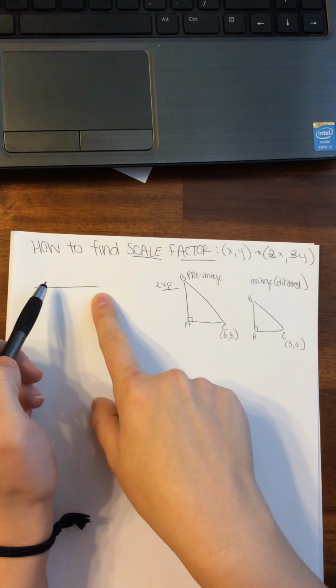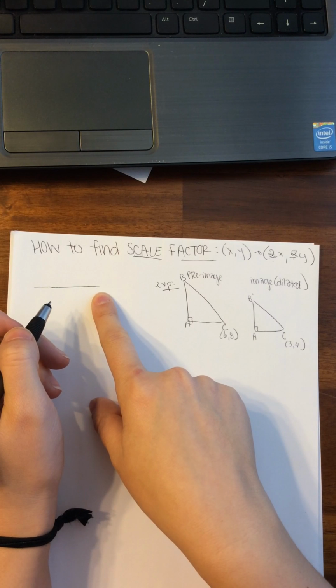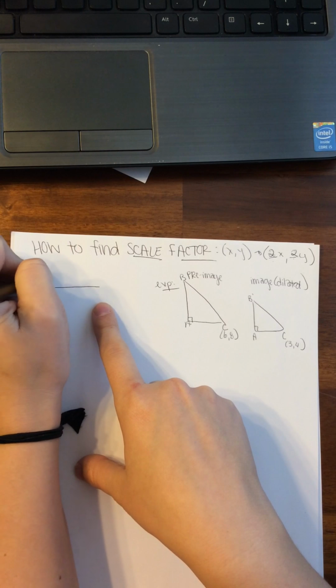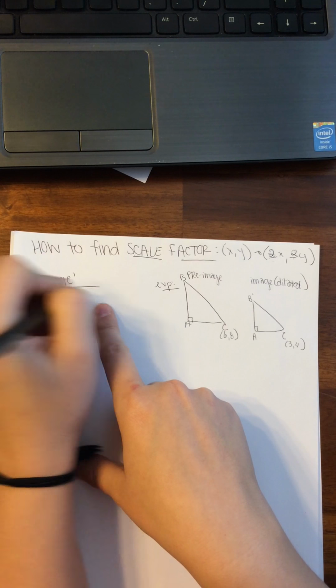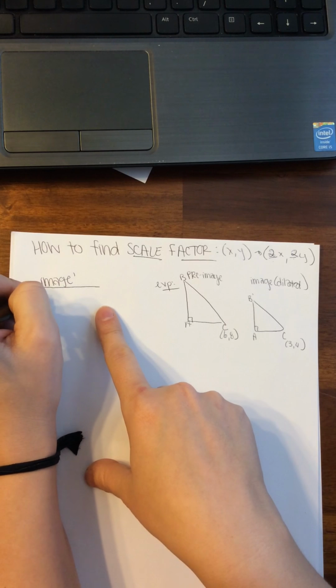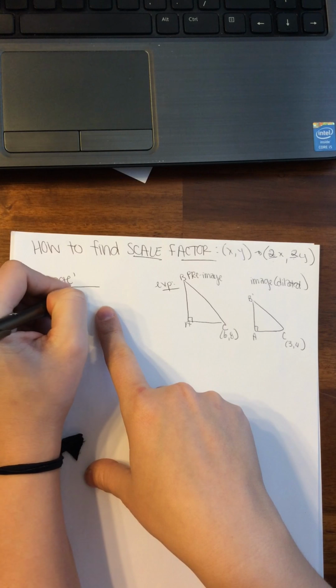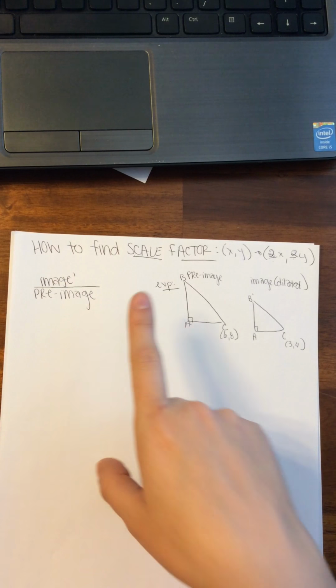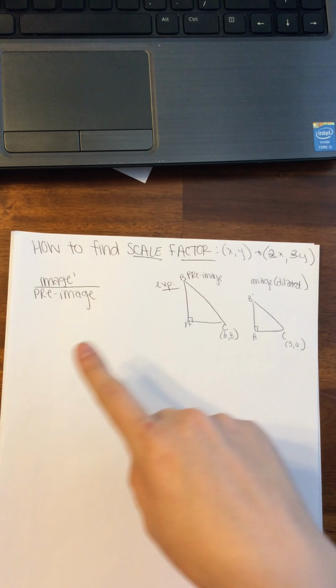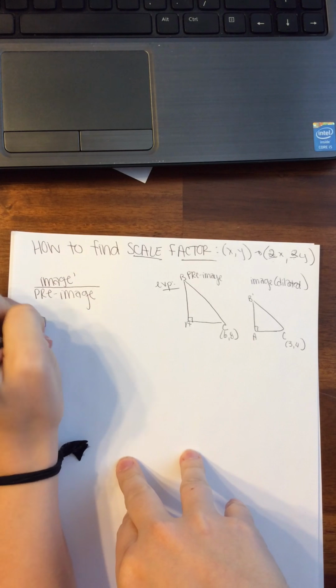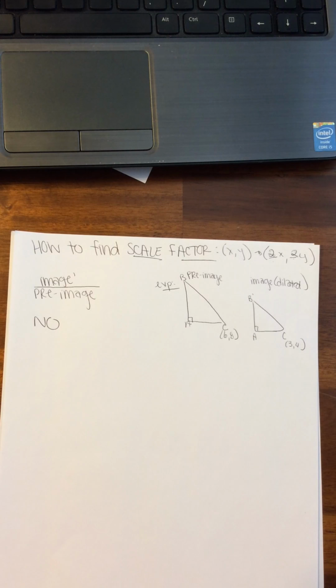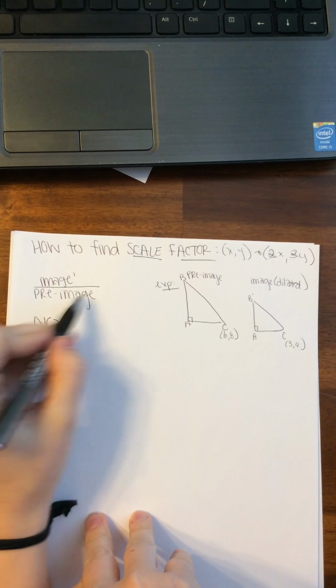Okay, so the formula to find the scale factor is your image prime divided by your pre-image. Now, this is kind of difficult to remember, and so another teacher actually told me a cool trick, and the word that you remember is "no". This word helps you remember this formula.